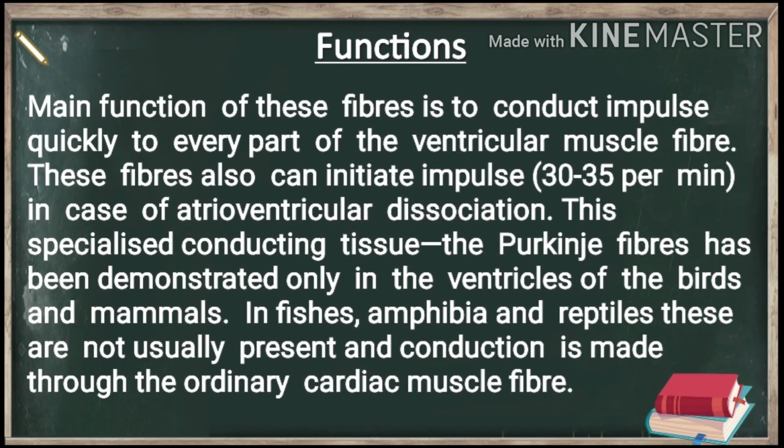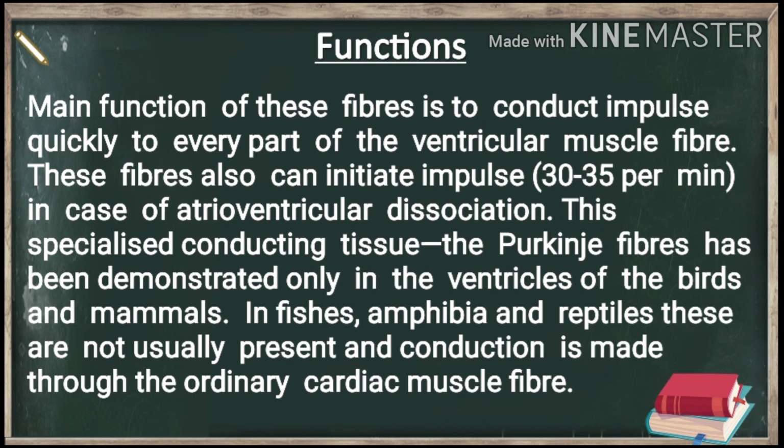Now look at the function of Purkinje fiber. The main function of those fibers is conduction of impulse quickly to every part of the ventricle's muscle fibers. Those fibers can also initiate impulse 30 to 35 per minute in case of atrioventricular dissociation.